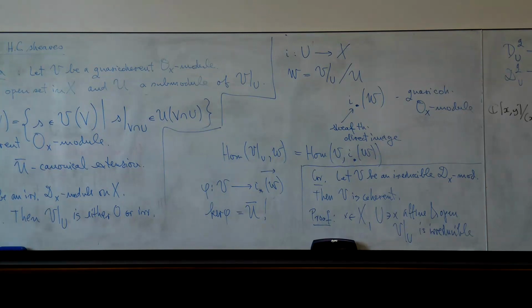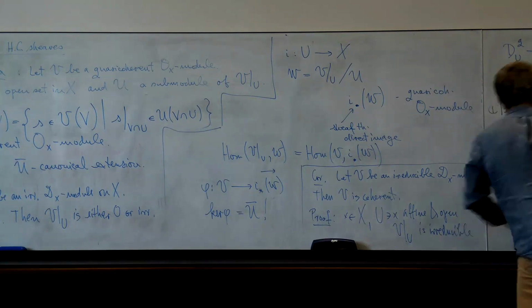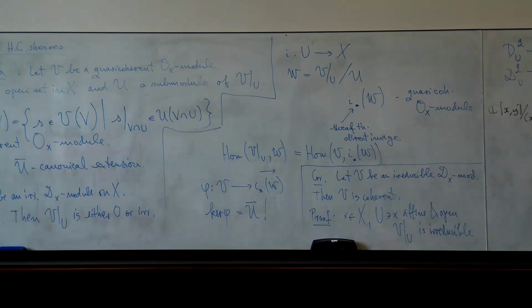So imagine that I have C without the points Z1, and I include it inside C. You can take the extension by zero of the constant sheaf on, let's call this U_N.